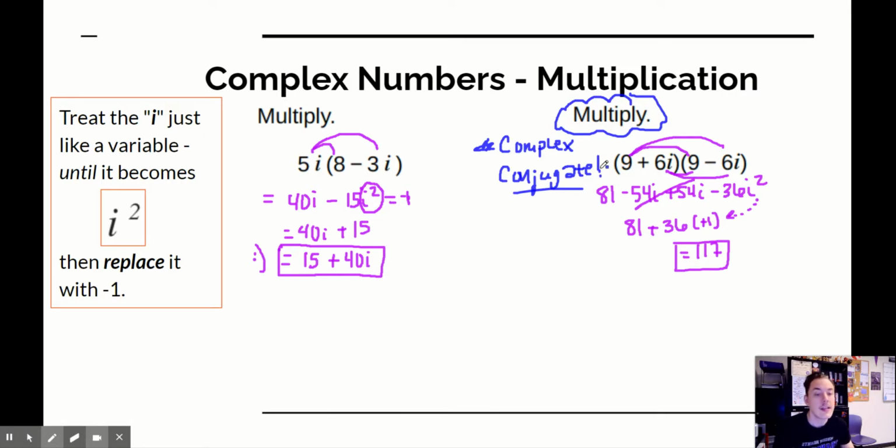Why is that? Because you see, they're literally the exact same numbers. One difference: positive, negative. Now notice what happened here. This is very, very important. Notice, watch. The middle terms go poof, okay? They go poof. And this is what we want, especially when we get to division.